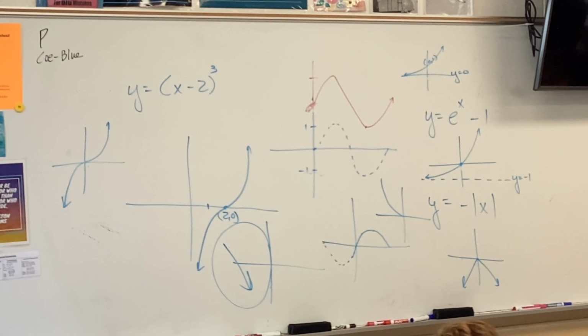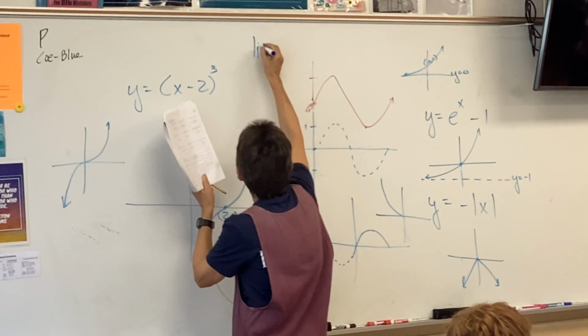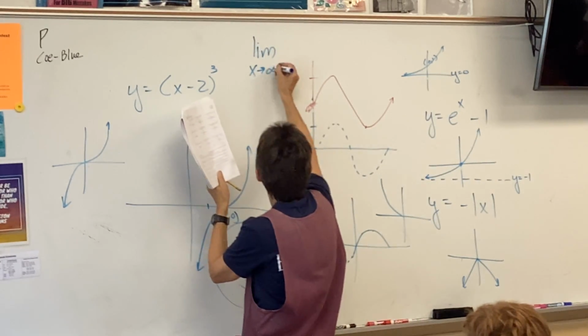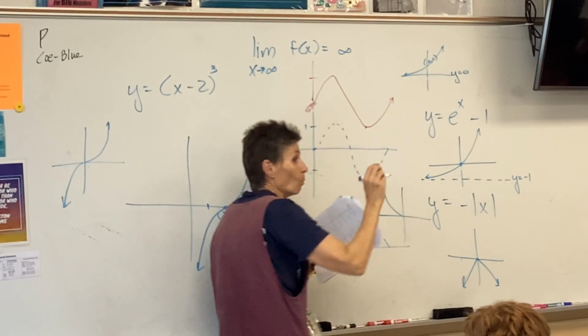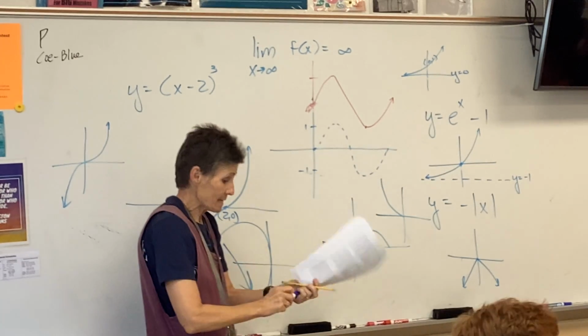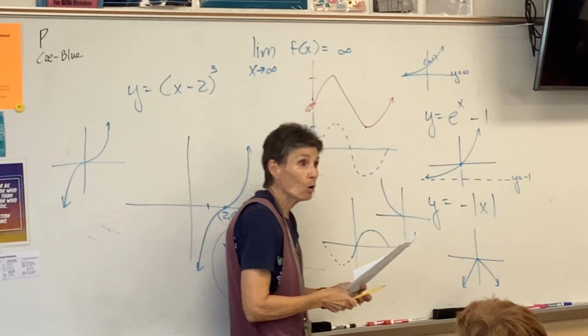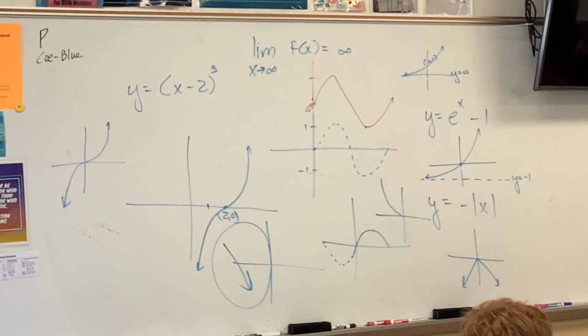Last one. The four functions that do not have this end behavior. Now, what does that mean? That means they don't shoot up to infinity. So, does your parabola shoot up to infinity? Yes. What are some functions that don't do that? Greatest integer.